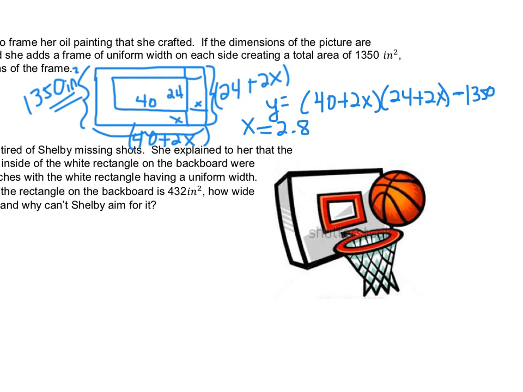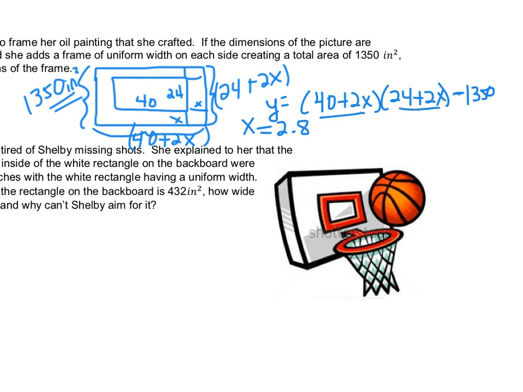Well, that tells me what the width of the frame is, but the question is asking me what the dimensions of the frame are. So what I'm going to have to do now is plug the 2.8 back into this part of my equation to get those dimensions.